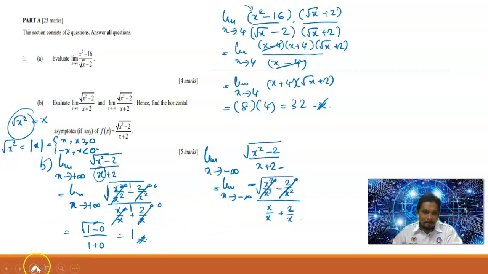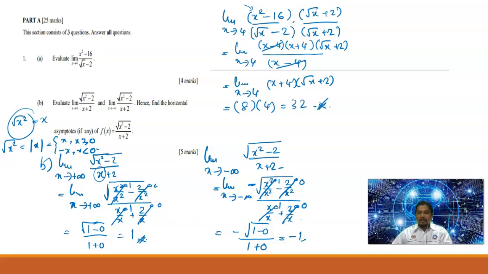This is 1. This is 1, 0, 1, and 0. So then it comes up with negative square root of 1 minus 0 divided by 1 plus 0, then it is equal to negative 1.